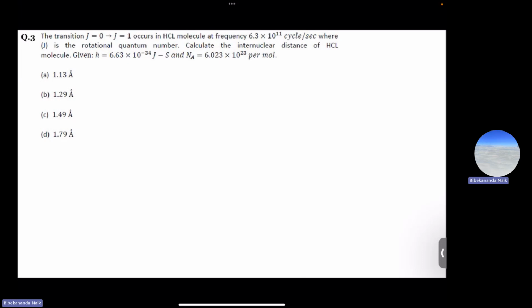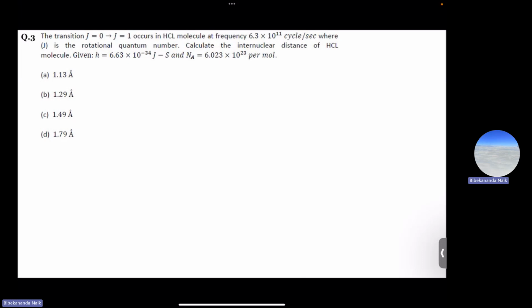But here, in place of energy, we are given the value of frequency, which is 6.3 into 10 to the power 11 cycles per second, and we need to find out the internuclear distance of the HCl molecule, which is nothing but the bond length.